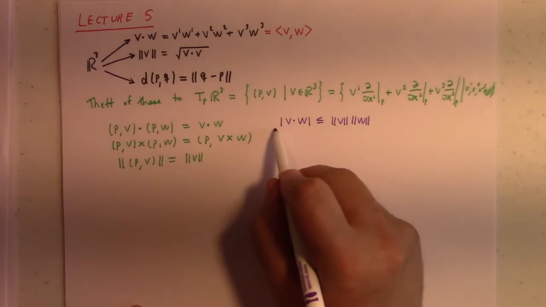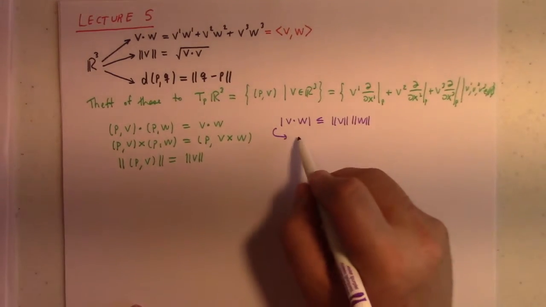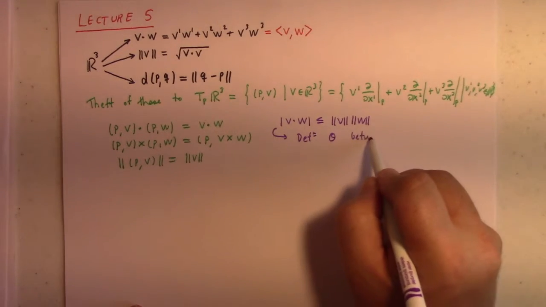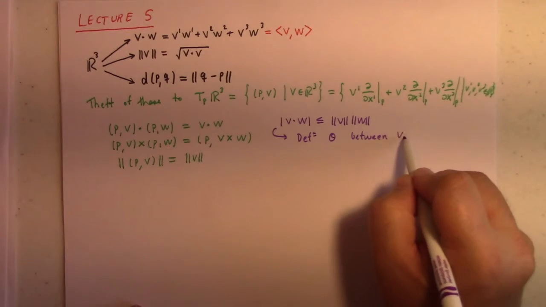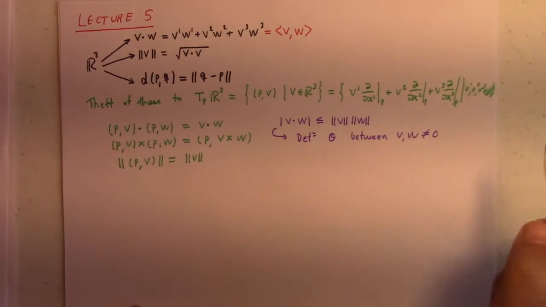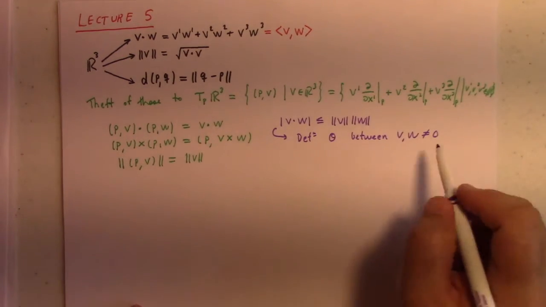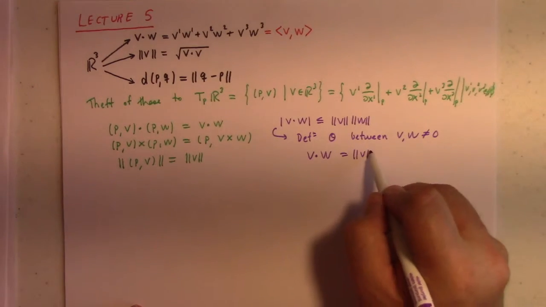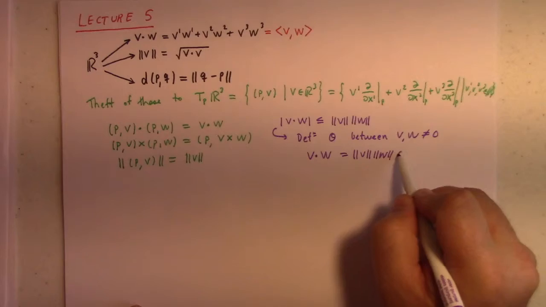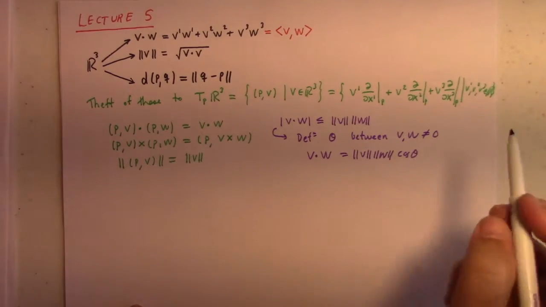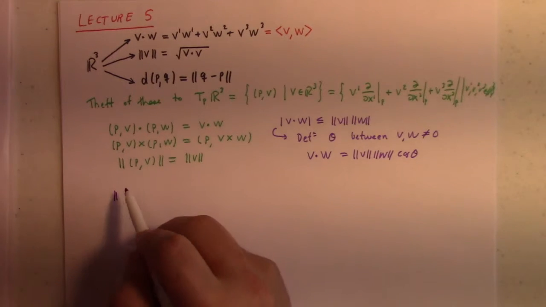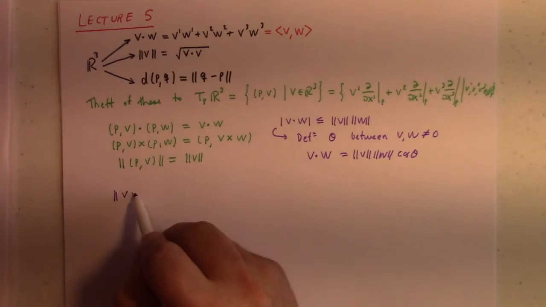And that then implies that you can define theta between non-zero vectors, right? In particular, you have this formula, V dot W is length of V, length of W, cosine theta between them. I prove it in the notes, and you're welcome to look at the proof. I will not force you to listen to me talk about it here.